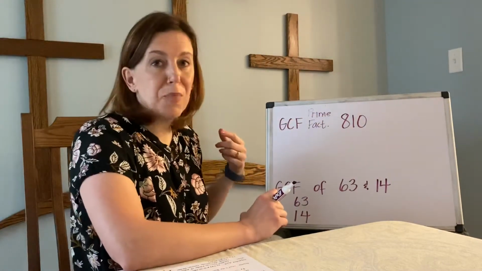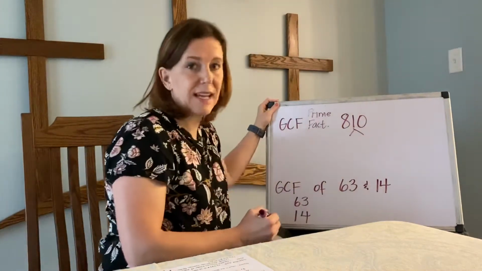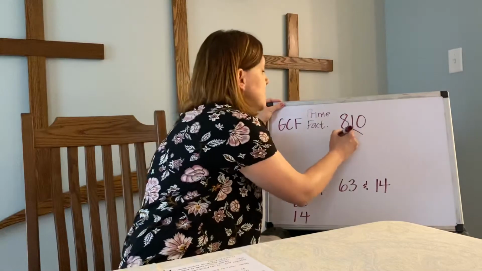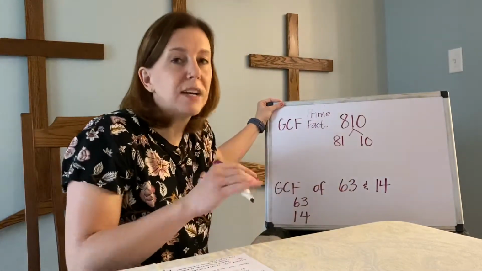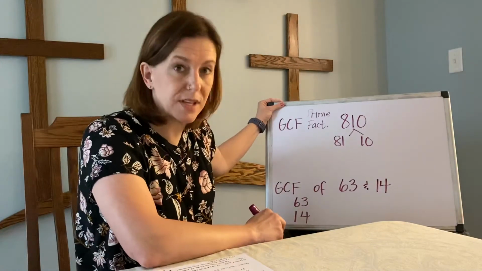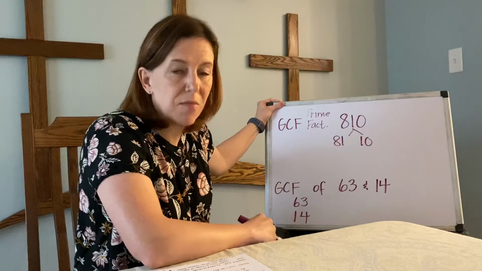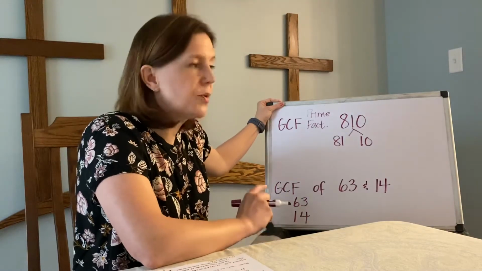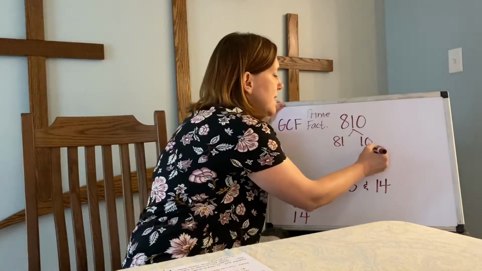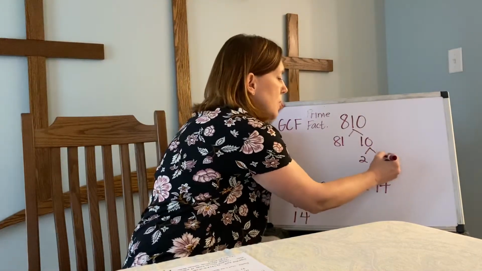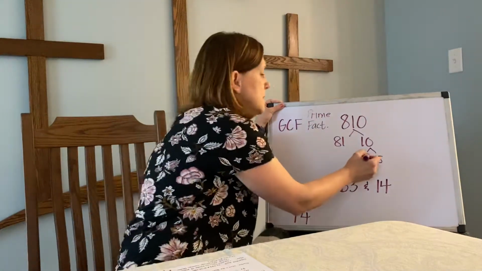So the method that you probably first learned was using a factor tree. So if I break 810 into 81 and 10, those are two factors that multiply together to give me 810. But neither of those are actually prime numbers, so I'm not done. So I need to keep breaking it down until I get there. So I see that 10 breaks down to 2 and 5. Those are both prime numbers.